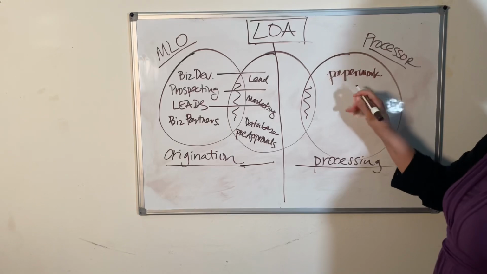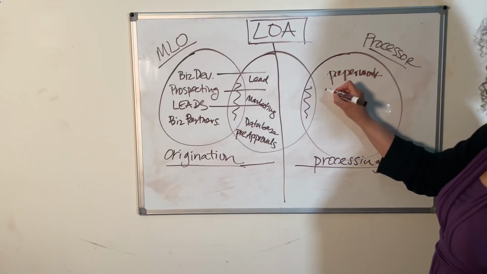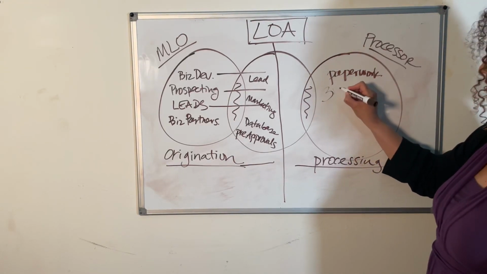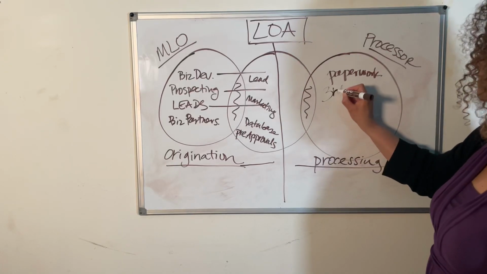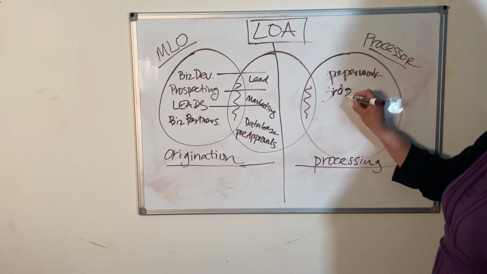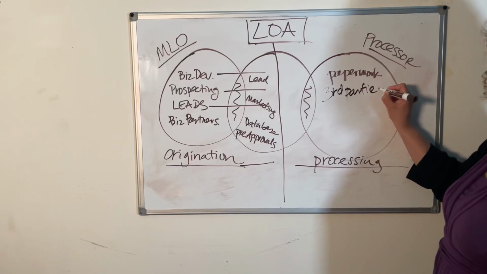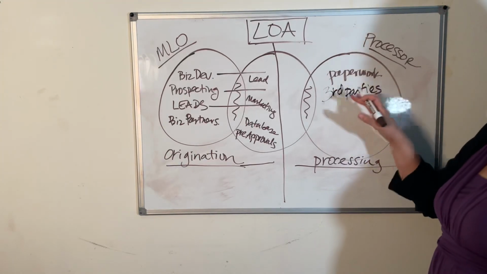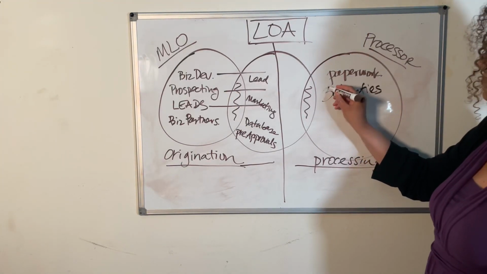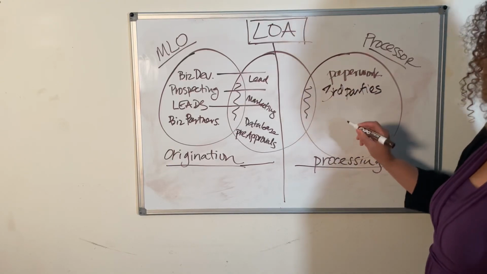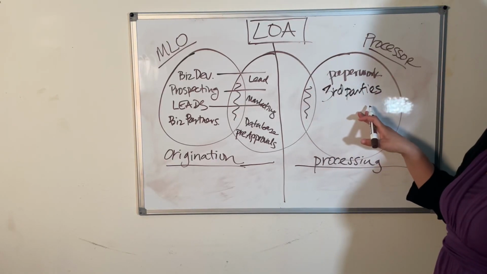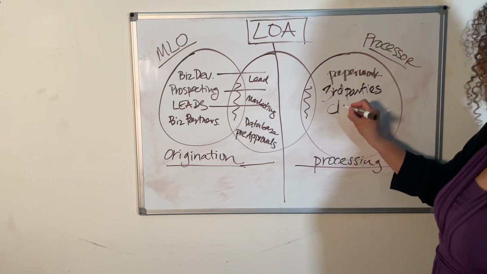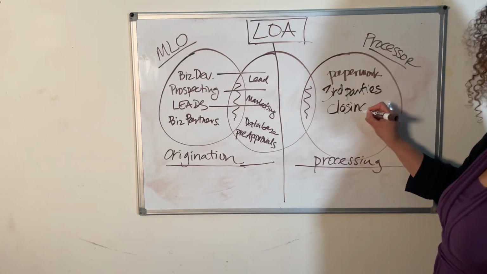It's a lot more complicated than that, but we'll say paperwork. They are interacting with, it's hard to write on this side, isn't it? Third parties, right? So that would be escrow, title, attorneys, underwriters, appraisals. So that would be another thing they are doing. They are handling the closing. They are coordinating with the closing department.